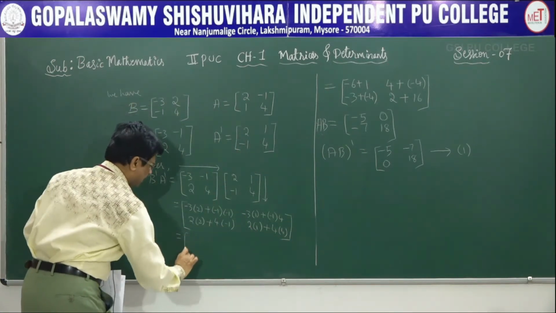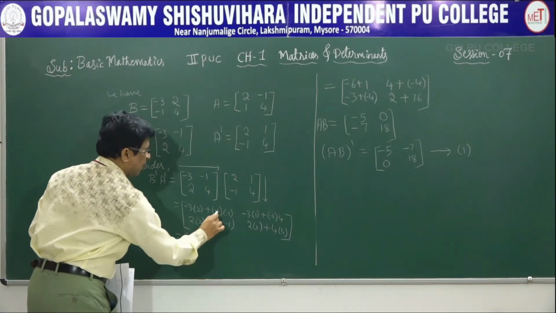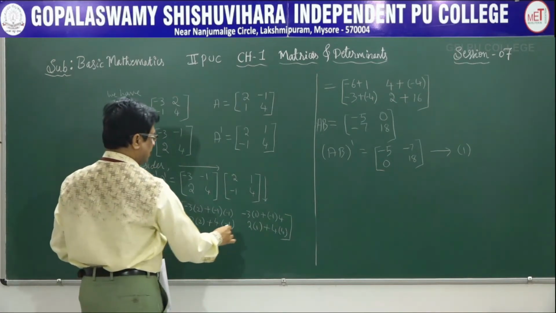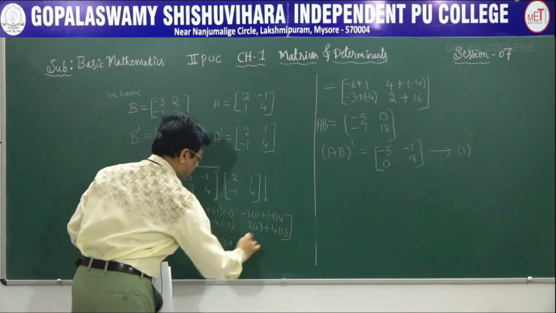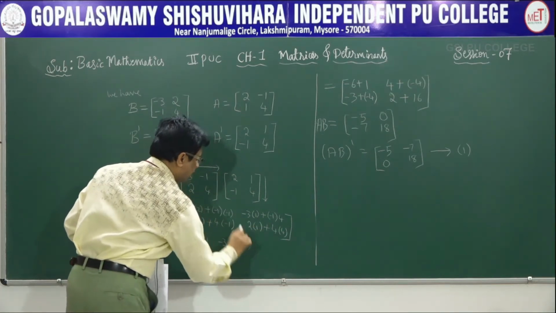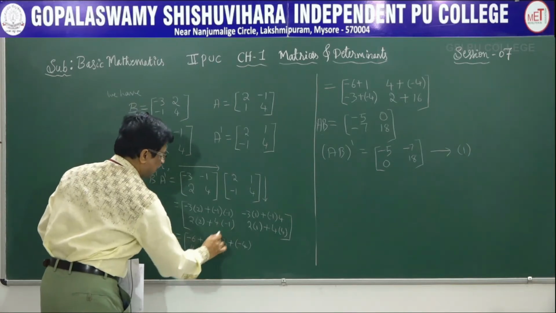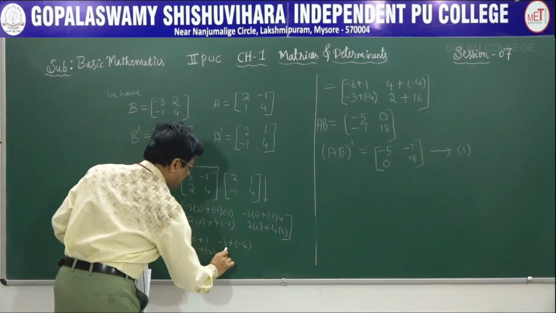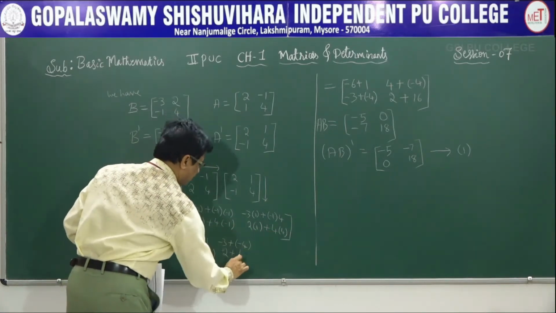So that will be equal to minus 3 into 2 minus 6, minus 1 into minus 1 plus 1, minus 3 into 1 minus 3 plus minus 1 into 4 minus 4, 2 into 2 4 plus 4 into minus 1 minus 4, 2 into 1 2 plus 4 into 4 16.